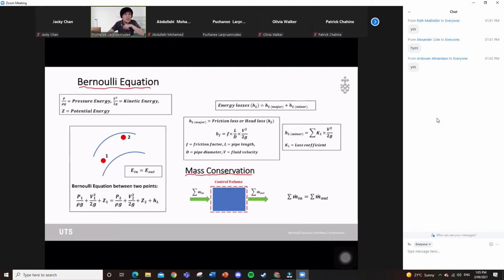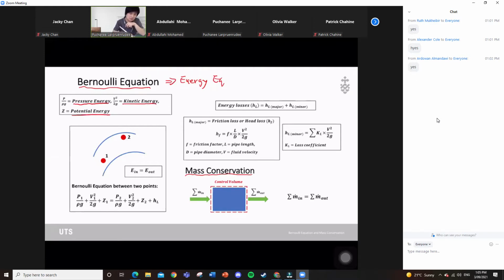And the Bernoulli equation is the energy equation, but the energy equation in this case is for ideal flow. In the Bernoulli equation, we have three terms of energy: pressure energy, kinetic energy, and potential energy.